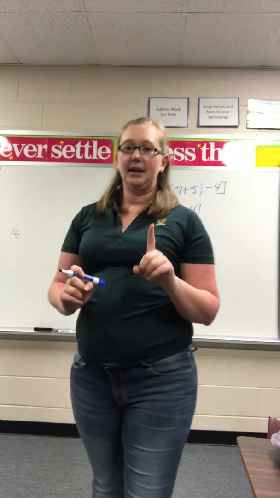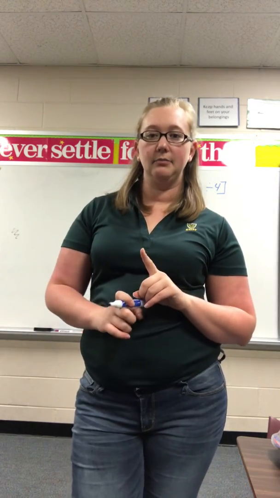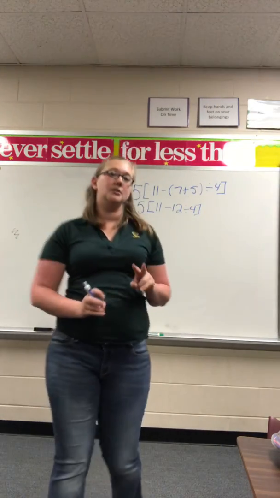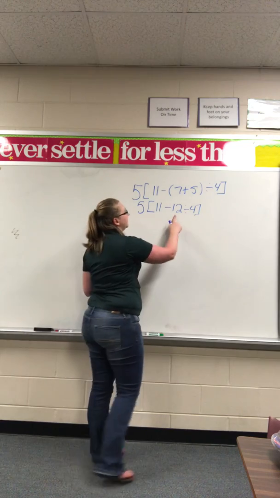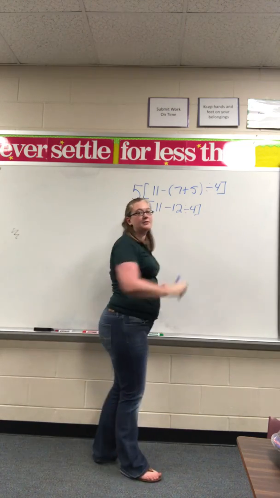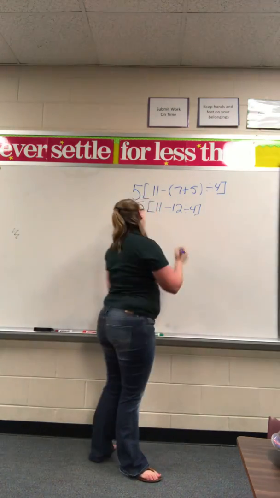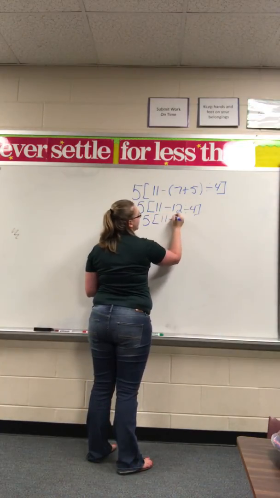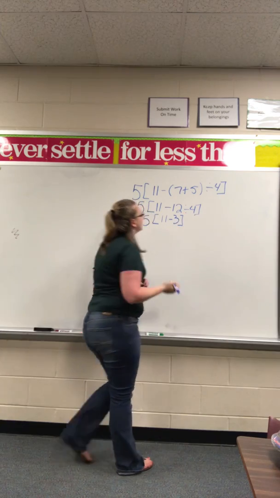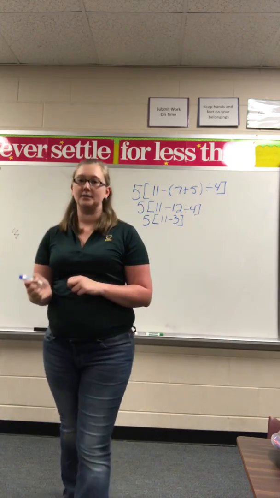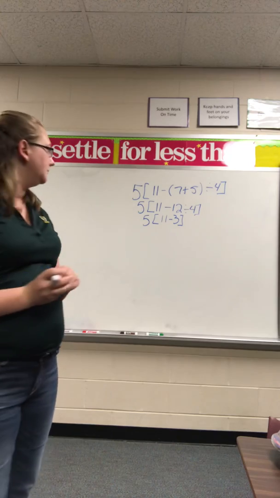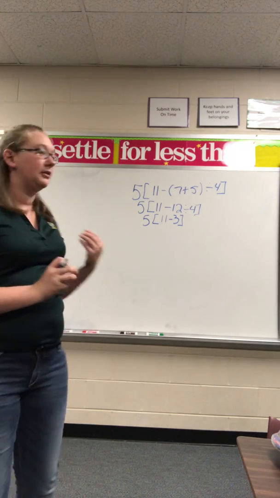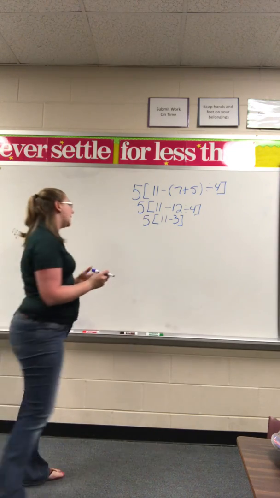If there's only one negative, we keep the negative. If there are 2, we make it positive. So because there's only one negative here, negative 12 divided by 4 leaves us with negative 3. 5 times the quantity, 11 minus negative 3... Now we can simplify those brackets. 11 minus 3 is 8.